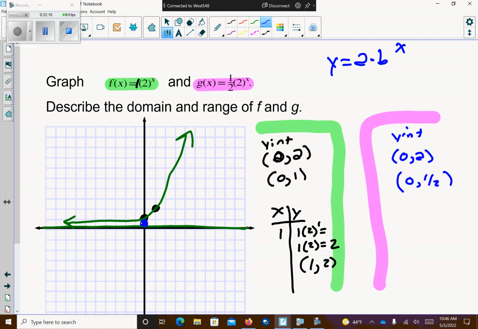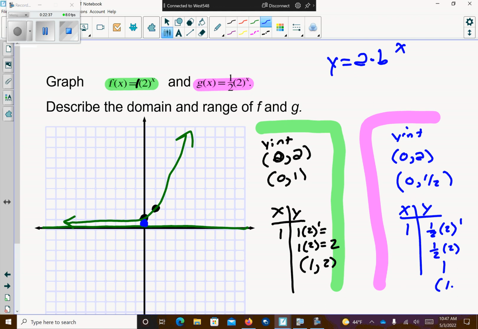All right. Let's make ourselves a t-table. X comma y. Let's plug 1 in. So I'm going to get 1/2 times 2 raised to the first. What's 2 to the first? 2. What's half of 2? 1.